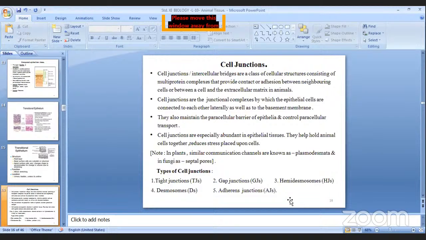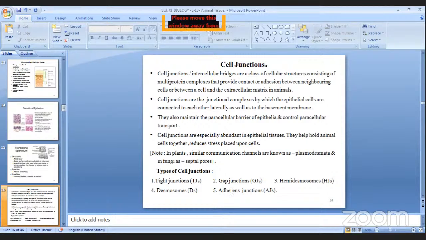Now, cell junctions. We have completed the epithelial tissue. Now we'll be studying the cell junction. As the name indicates, junction means the meeting point of two different cells. Cells have their membranes, and these membranes are held together. Now, how are they held together? There are five different ways. One is tight junction, abbreviated as TJs.